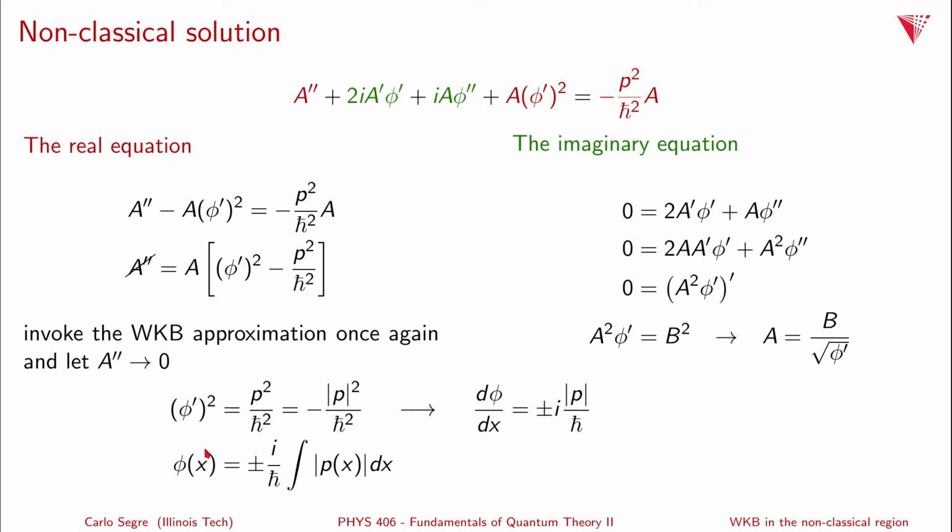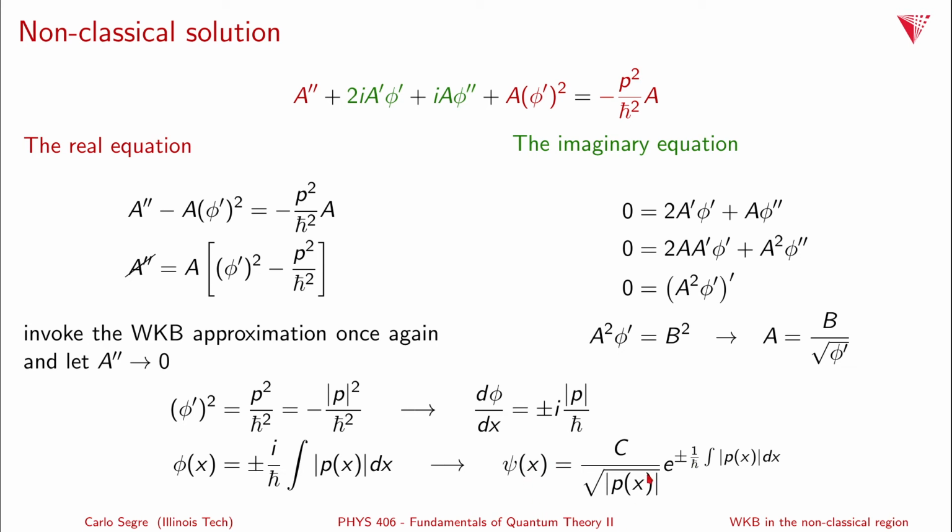Therefore, the phase now can be solved by direct integration, and we get plus or minus i over h bar, integral of the absolute value of p of x times dx. And the wave function, remember the wave function had e to the i phi of x. Now the wave function, because of the added i here, becomes a real exponential.